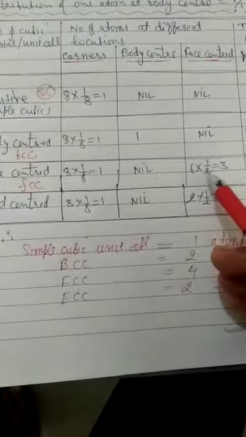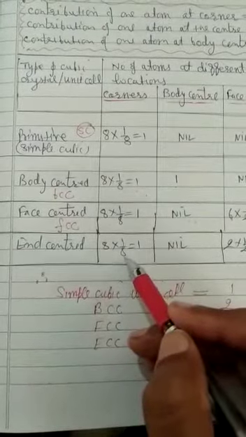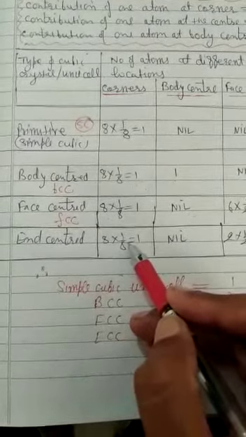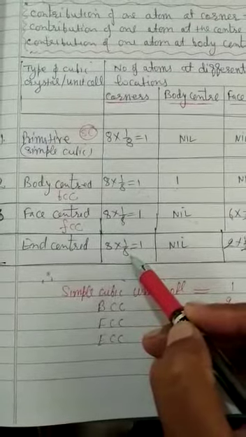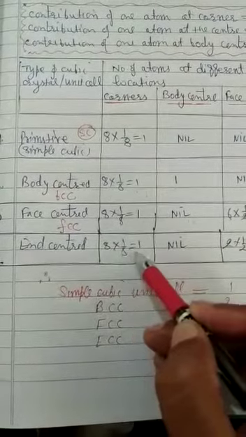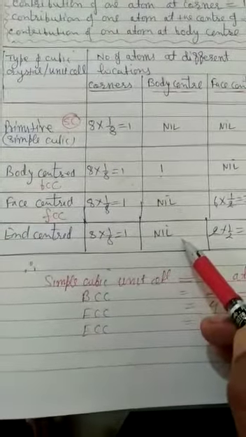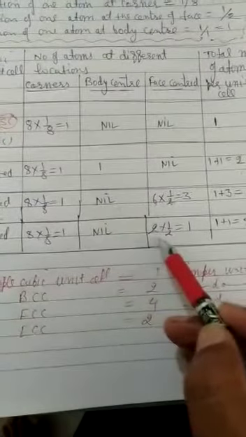Now, the end-centered unit cell. End-centered unit cell has 8 atoms at the 8 corners, and at the corner contribution of one atom is 1 by 8. So total contribution of 8 atoms is 8 into 1 by 8 equal to 1. At the center of the body there is no atom. And what about the face center?